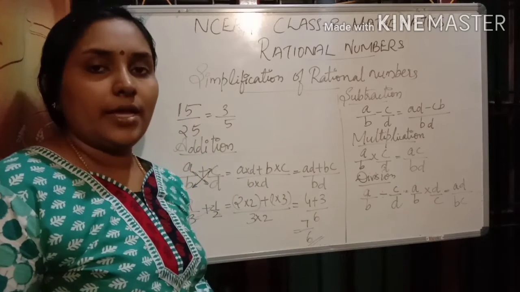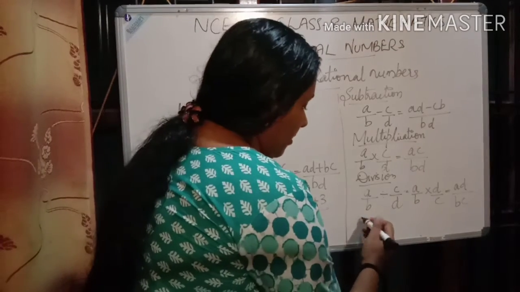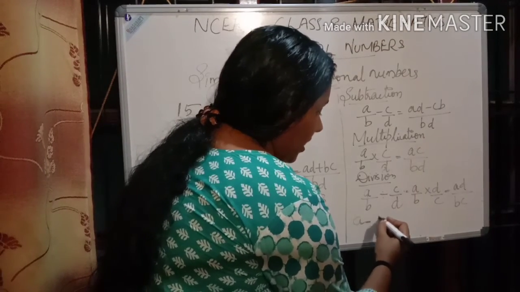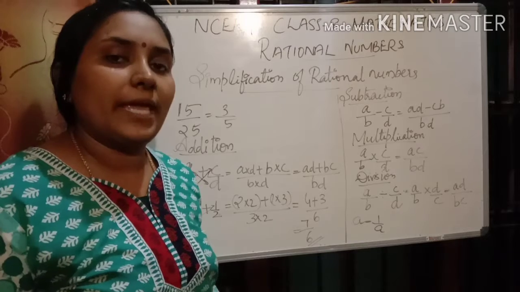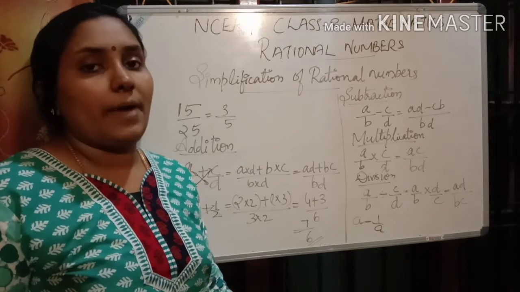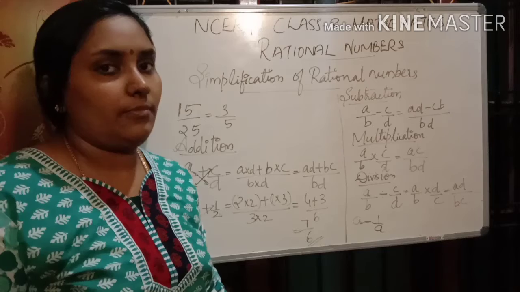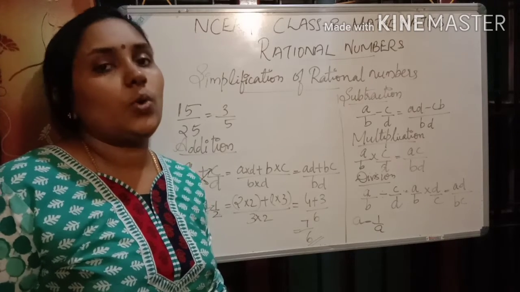Are you clear? The reciprocal of a term a, we can write as 1 by a. Reciprocal of a term means just write the term as 1 by the term. For example, the reciprocal of a is equal to 1 by a.